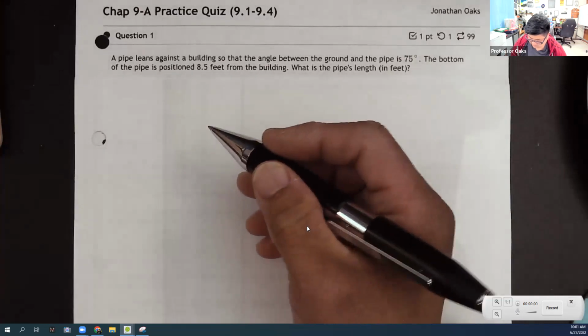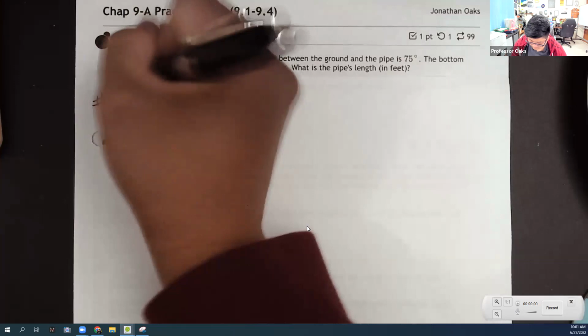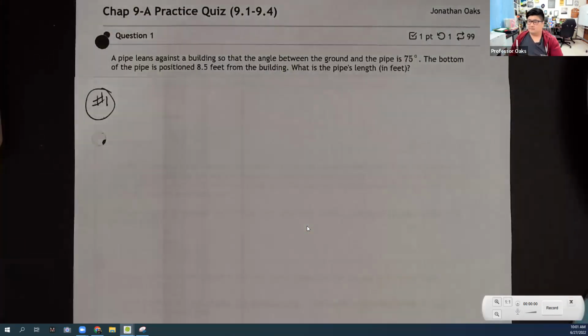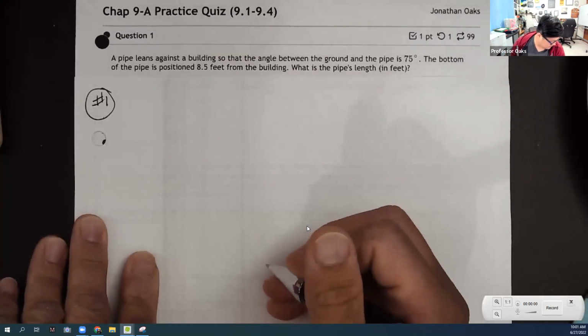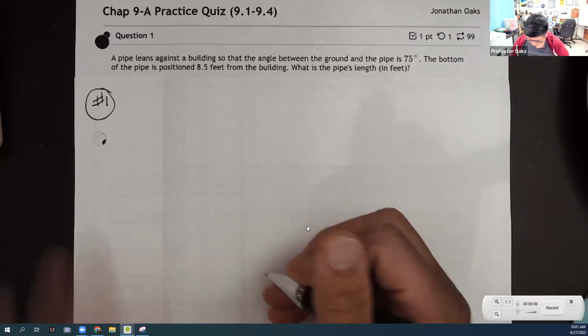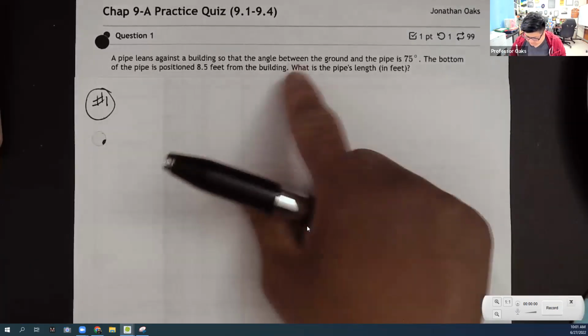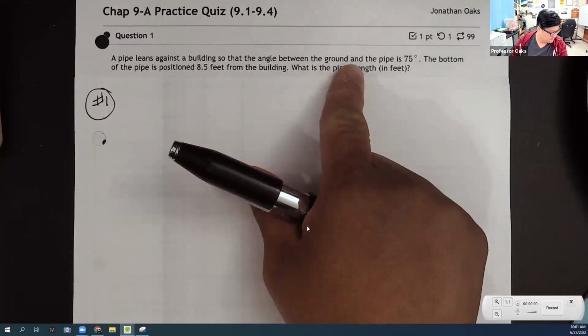So number 1 here is, all right, a pipe leans against a building. I would normally just draw a diagram. It says the angle between the ground and the pipe is 75 degrees.